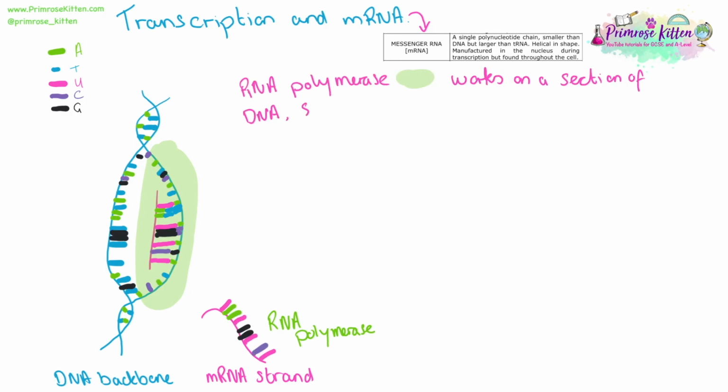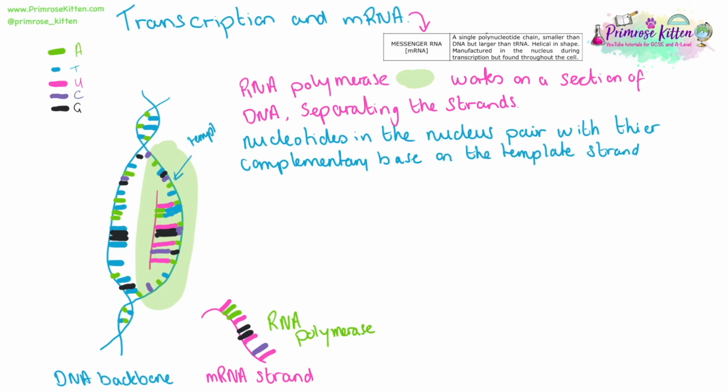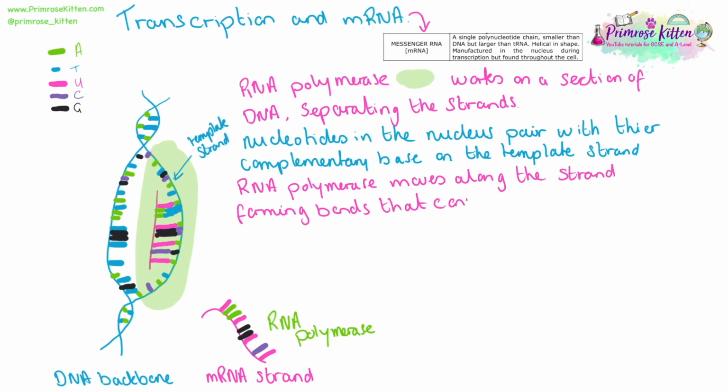RNA polymerase works on a section of DNA, separating the strands. Nucleotides free in the nucleus pair with their complementary base on the template strand, and the RNA polymerase moves along the strand, forming the bonds that connect the bases, forming the pre-mRNA.